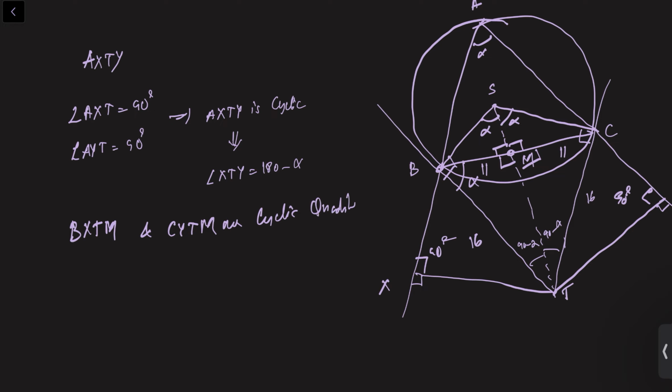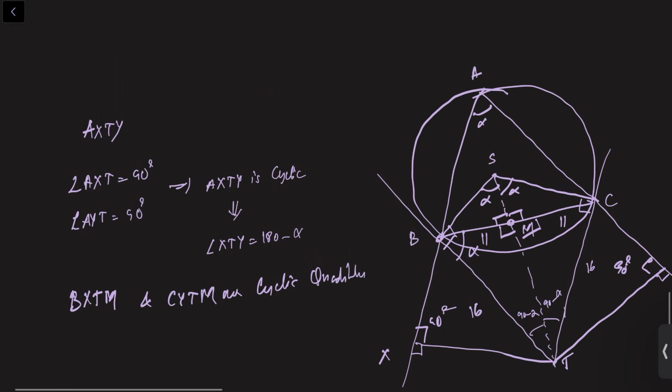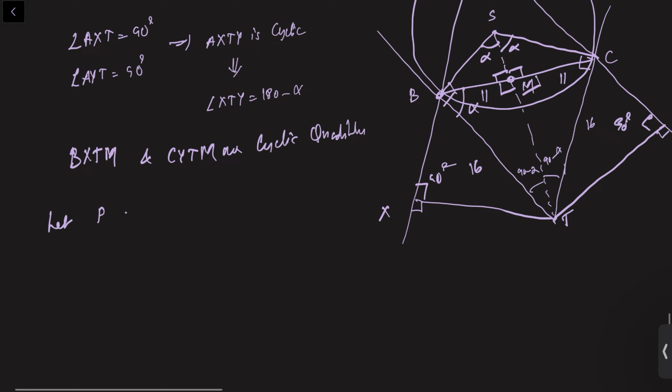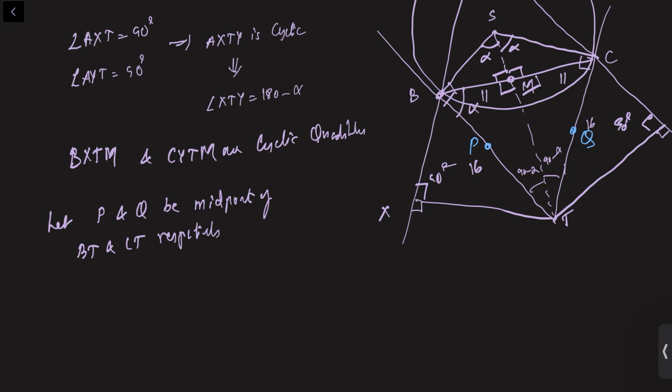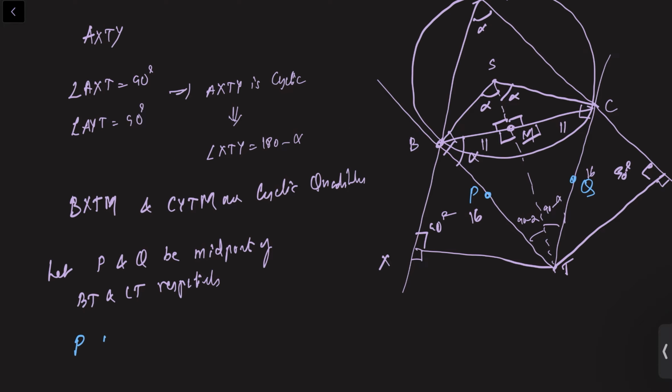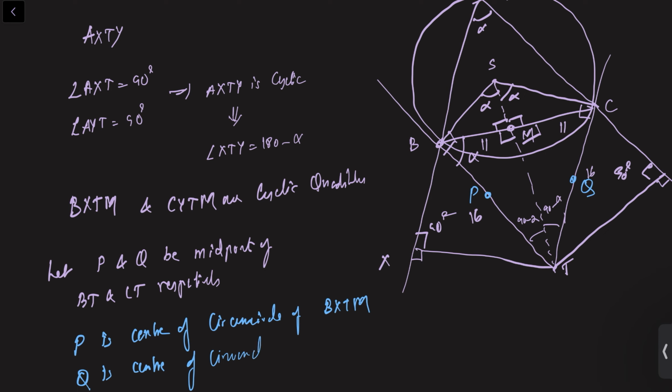Now suppose P and Q are the midpoints of BT and CT respectively. So this point is P and this point is Q. We can say that P is the center of the circumcircle of quadrilateral BXTM, and Q is the center of the circumcircle of quadrilateral CYTM.